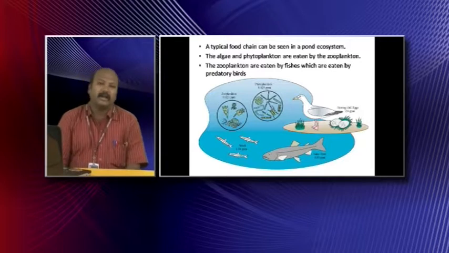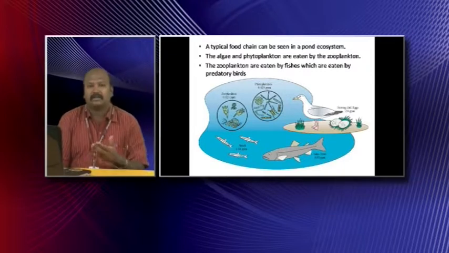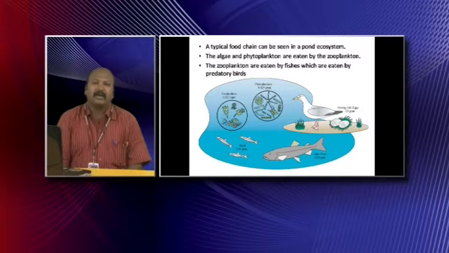Here the algae and the phytoplanktons form the producers, which produce energy, which is devoured by the zooplankton. Then zooplanktons are eaten by the next carnivores in the next trophic levels, and the fishes are eaten by the eagle or predatory birds.